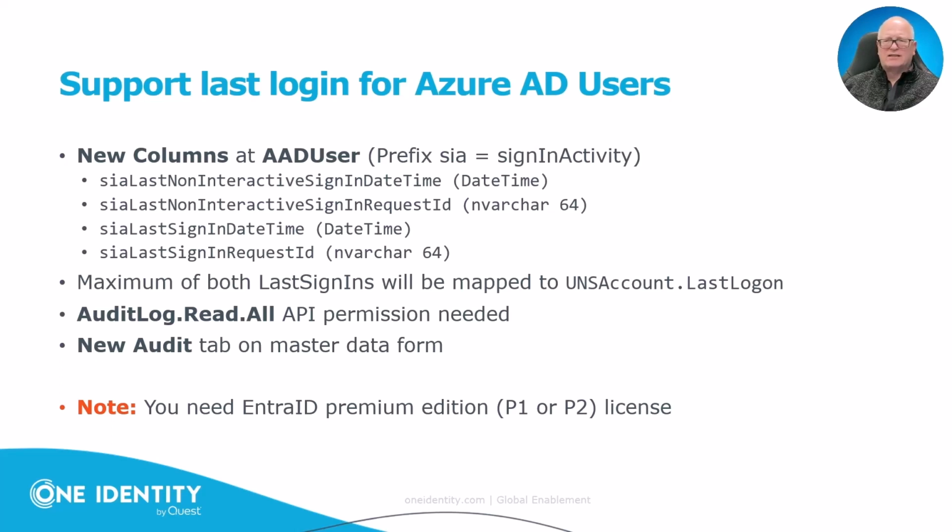Because of that, there are two date time values, always together with the request ID. Both sets of information are used by the Identity Manager, and the maximum of this information is then inserted in the UNS account last logon field, where the Identity Manager takes the information from.